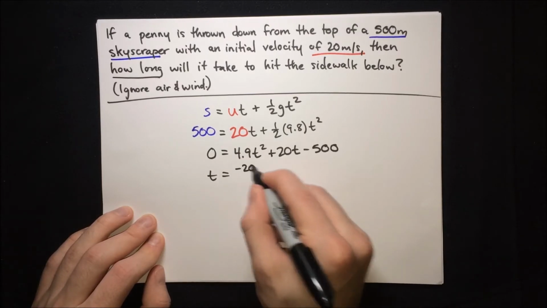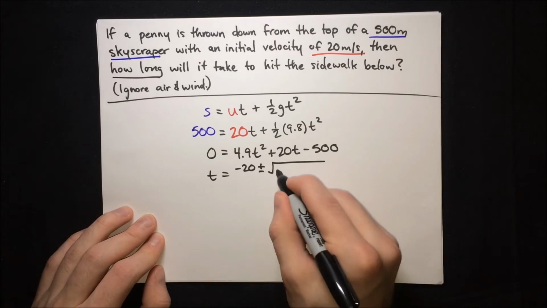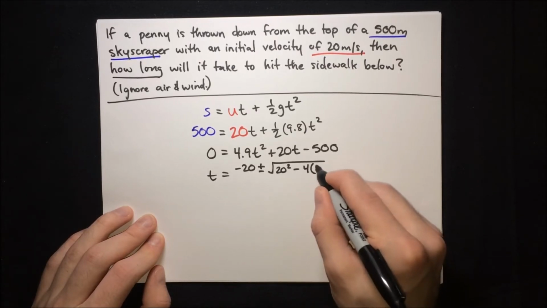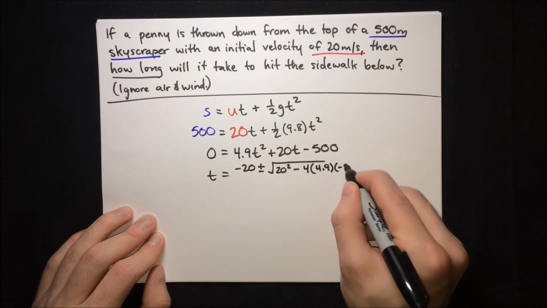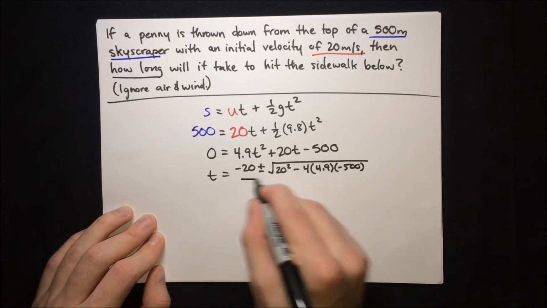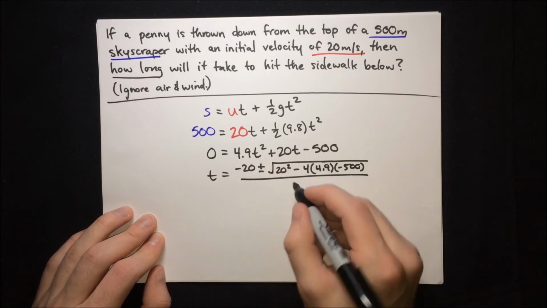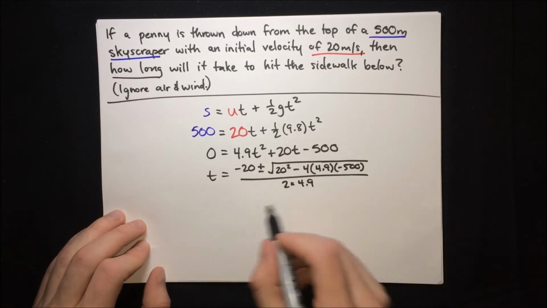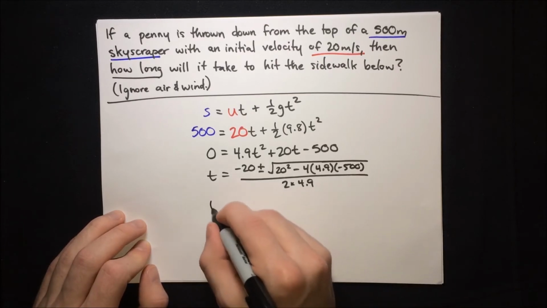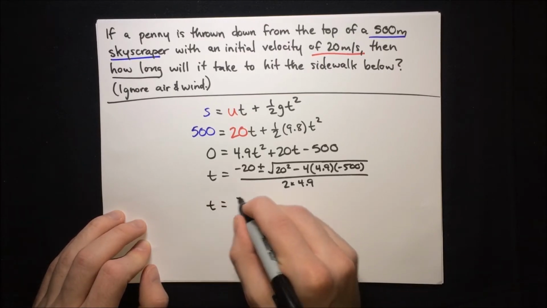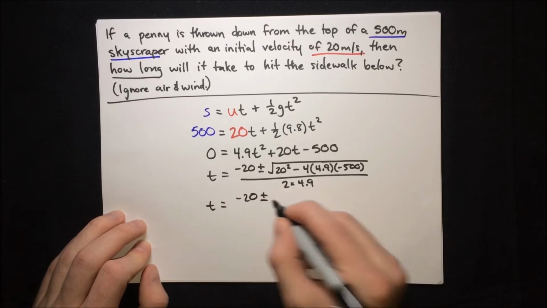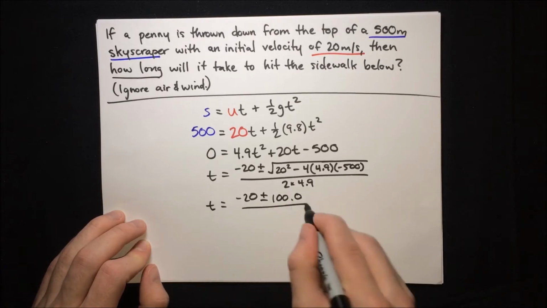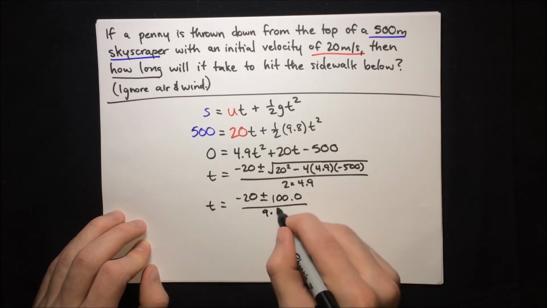So negative 20 plus or minus the square root of 20 squared minus 4 times 4.9 times negative 500, and that's all over 2 times 4.9. Alright, so now we compute this, do it on your calculator or computer, and we get negative 20 plus or minus, this root comes out to a nice 100.0 rounded, all over 9.8.